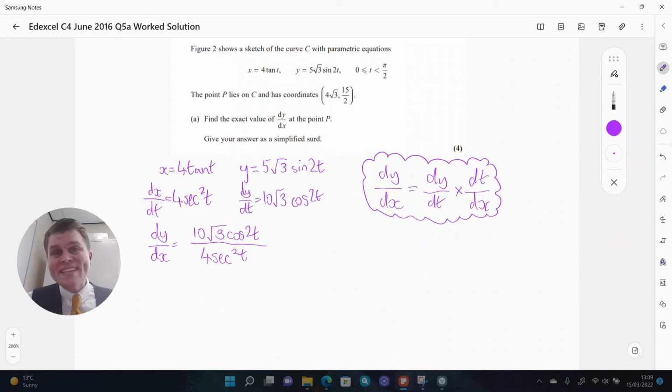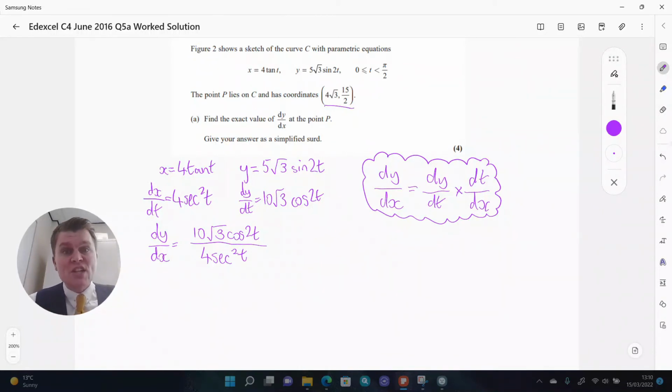Well, at the moment, we don't have a value for t. We've got a value for x and we've got a value for y, because that is the point P that gives us our x and y values. You need to make the decision which one you want to use. Either you want to sub the x coordinate into the x equation, or you want to sub the y coordinate in. Just look to see which one you prefer.